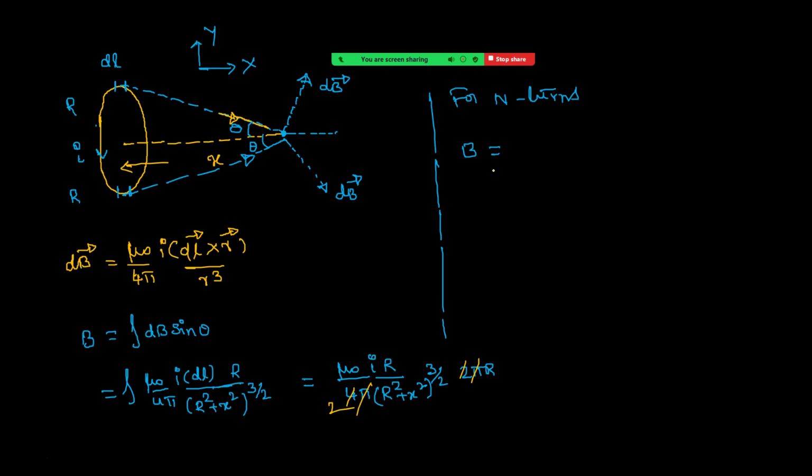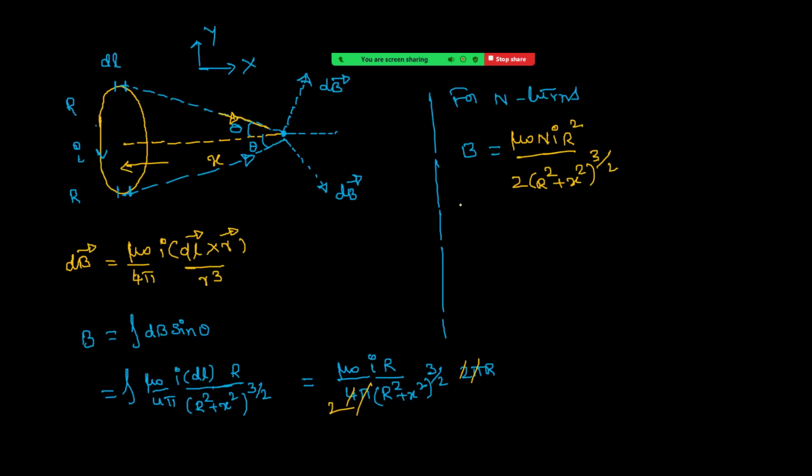So it is now μ0 n I r square upon 2 into r square plus x square whole power 3 by 2. And you can see the direction of this field. The direction of this field is along the axis of the ring.